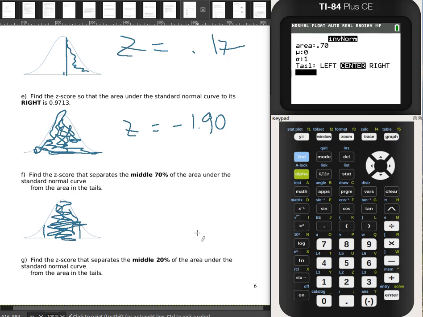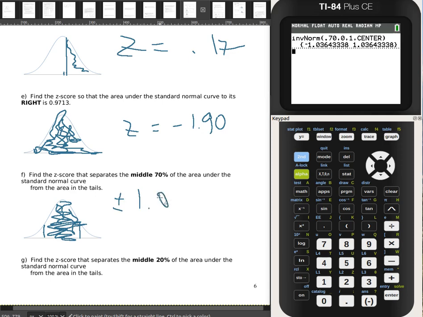Let's find it. It's going to be in between the z-score here. I think that we're basically looking at plus or minus 1.04.